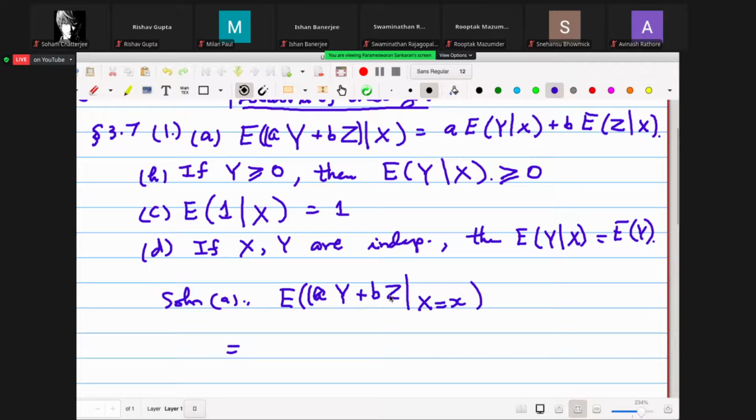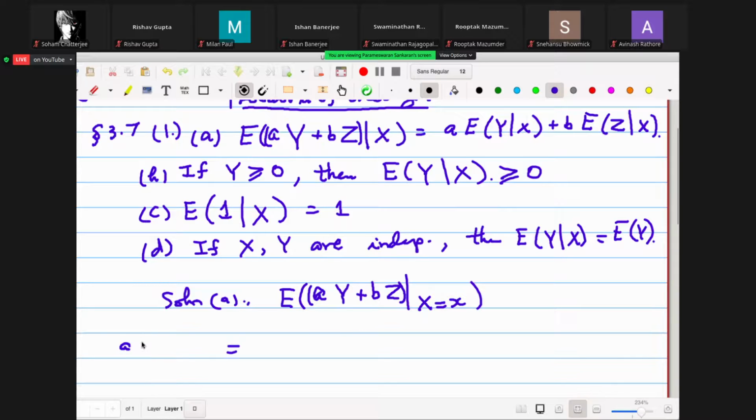If this is turning out okay, this is equal to the expectation of. So what does this mean? This means that your probability space has now shrunk to capital X being equal to small x. Okay, and mind you, this makes sense only if x is a value taken by X, meaning the probability of capital X equals x is positive, and then this is just a sum of the two random variables.